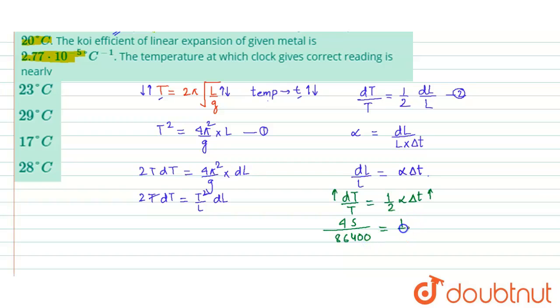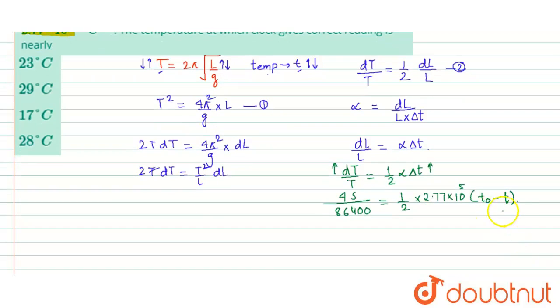This is equal to half. The value of alpha is mentioned in the question. This is 2.77 into 10 raised to the power minus 5, into T naught, where T naught is the original temperature, minus T. Now let us put all the values.